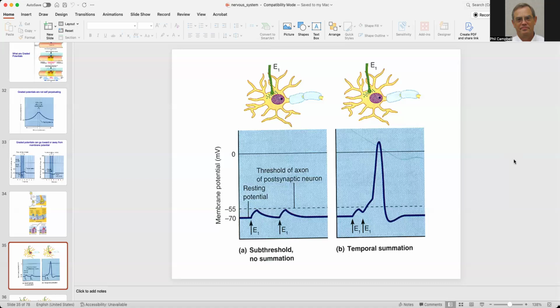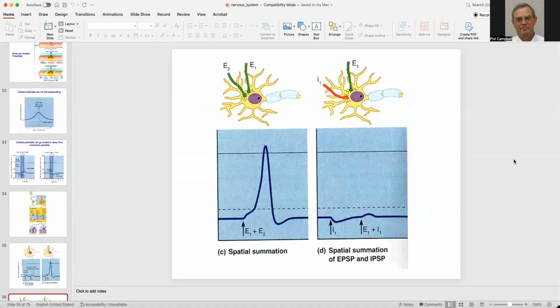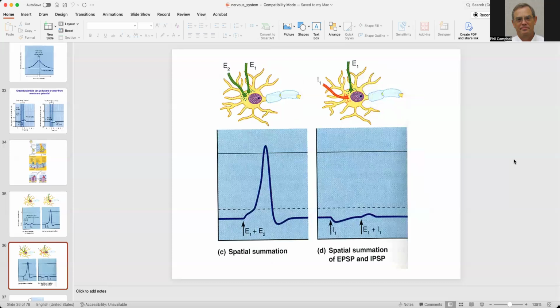Now, this is assuming a single excitatory neuron, axon, terminus. We also can talk about spatial summation. Spatial summation. And in that example, we can have two excitatory neurons. And let's say that they are actually branched from the same source axon.